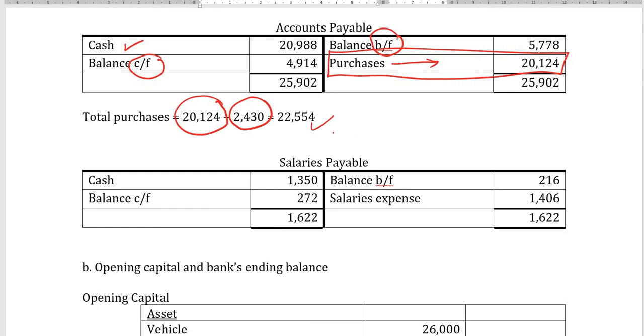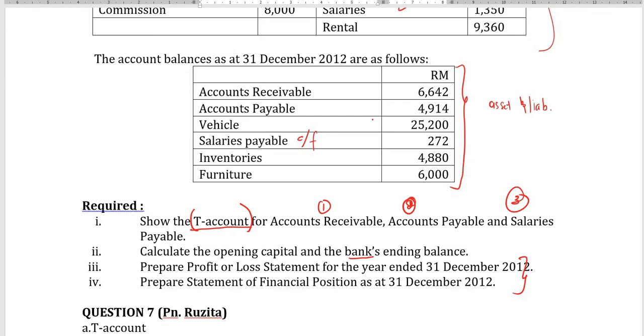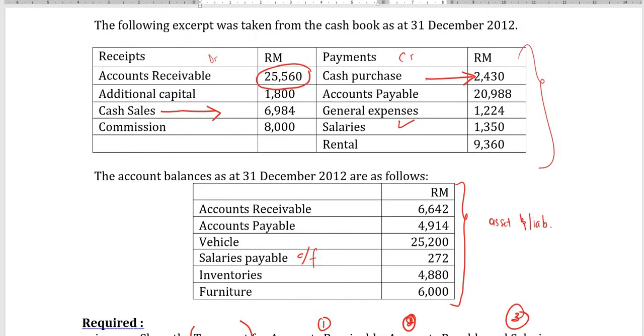Okay, salaries expense, soalan minta memang dalam bentuk accounting. So kalau guna formula, okay, for your payable, right, it's actually cash paid, okay, plus CF. This is for me to check the answers, minus BF. Okay, so your cash paid in the question is taken from the cash book. Okay, so this is a cash paid 1350.